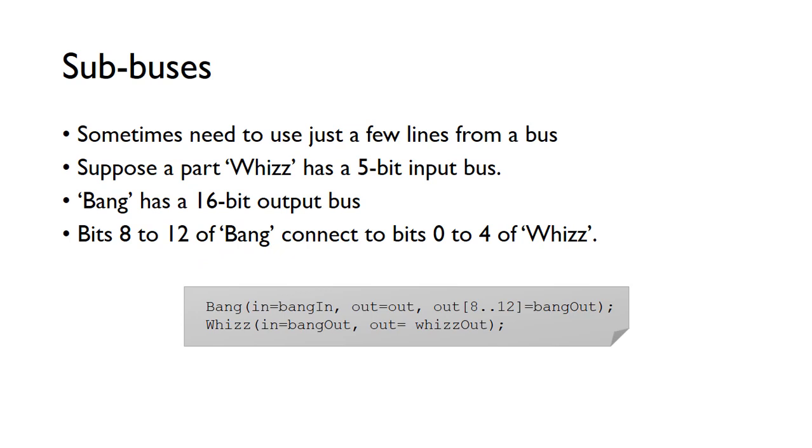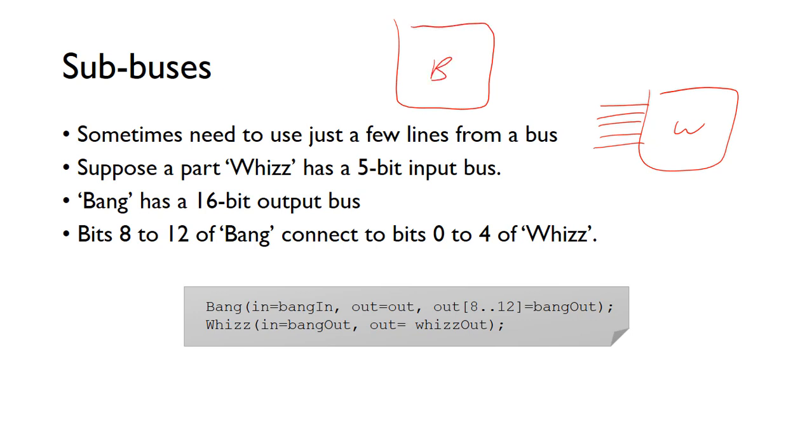And then you can also tap off just a few lines from a bus. So for example here, say we've got a part called Wiz. Wiz has got a 5-input bus. So this is our part Wiz, with 5 input bits on a bus, and we're going to connect up to something called bang, and this has actually got 16 bits.